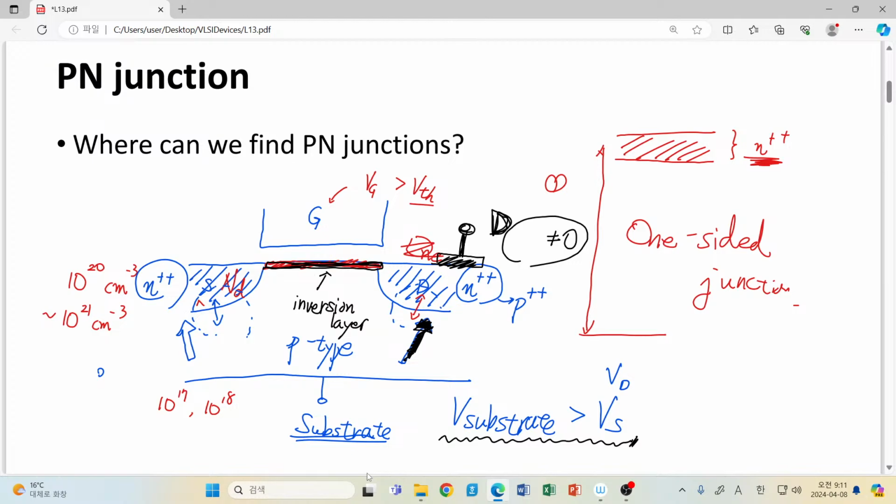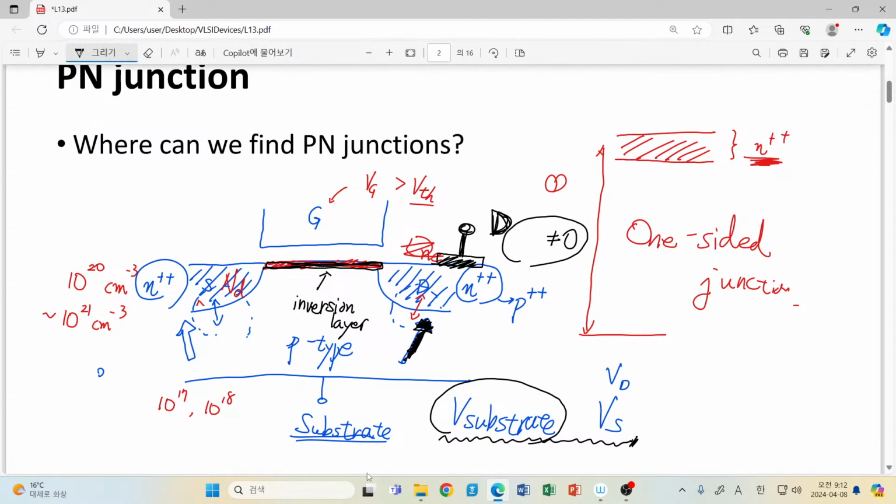Since we apply a higher voltage to the p-type region, this p-n junction is actually turned on. So this is not a desirable case. What we want in the usual case is just to keep it at 0 or lower than the n plus region.